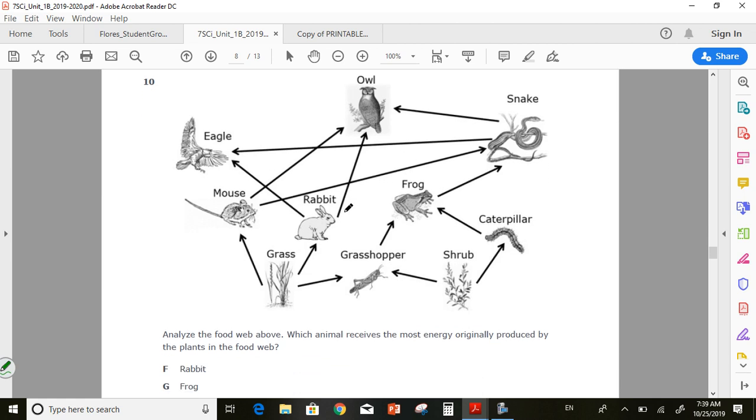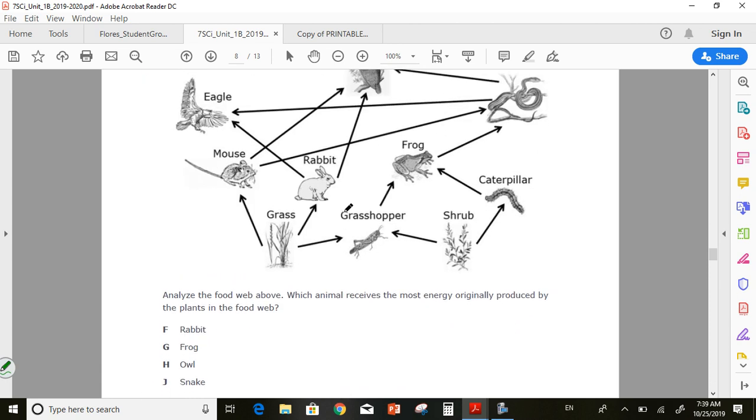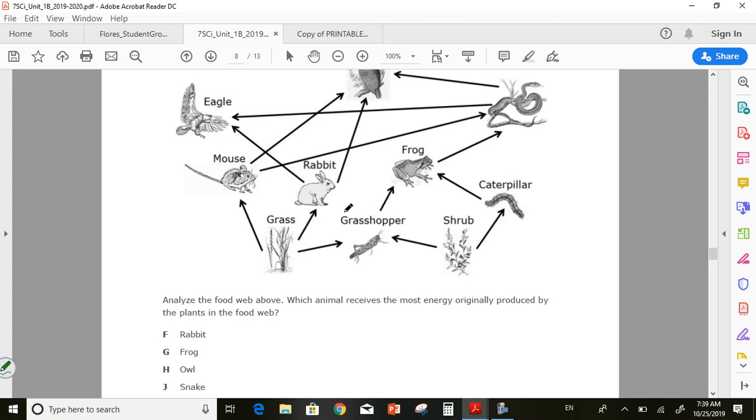Number 10, same picture. Analyze the food web above. Which animal receives the most energy originally produced by the plants in the food web? So, the plants start off with 100% of energy, and it is the primary consumer. So this one, this one, this one, oh, not that one, excuse me.